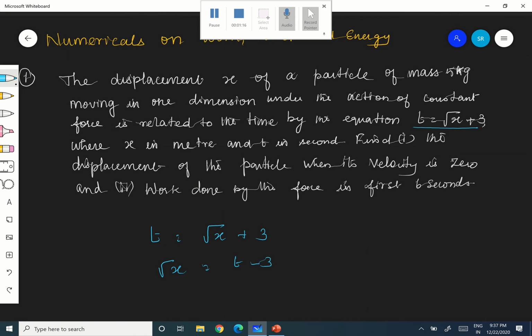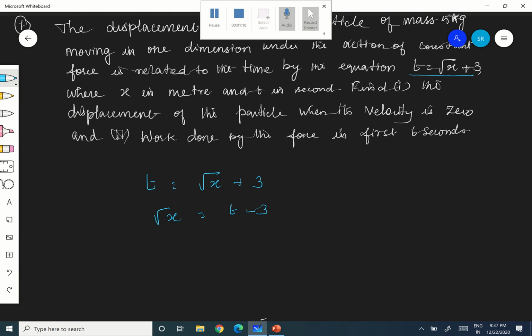I want the expression for displacement, therefore square it. Then x = (t - 3)², which means t² - 6t + 9. So this is x, not x squared. Now I have an expression for displacement.